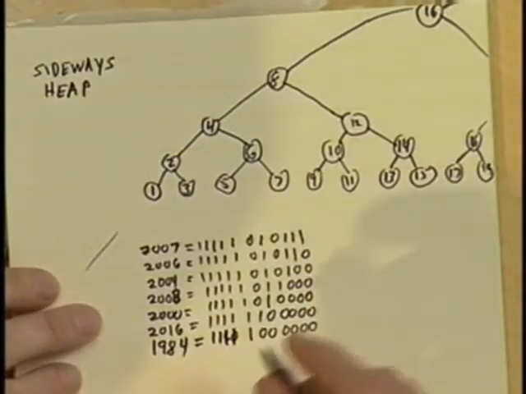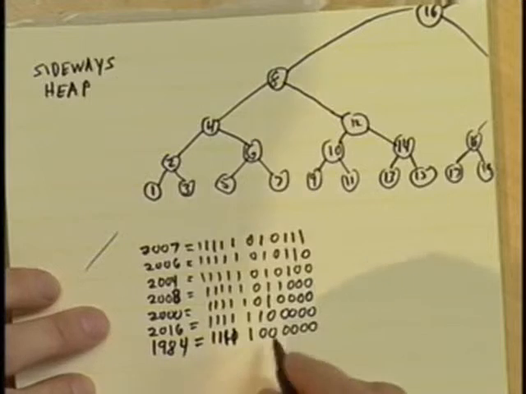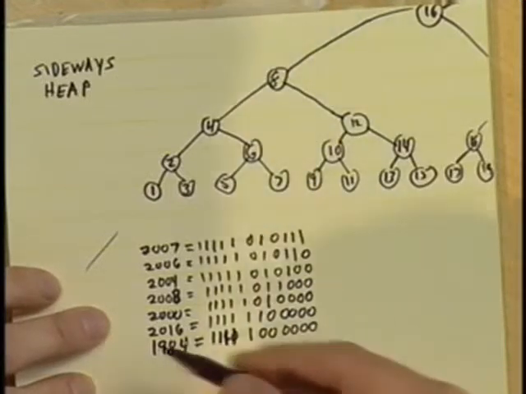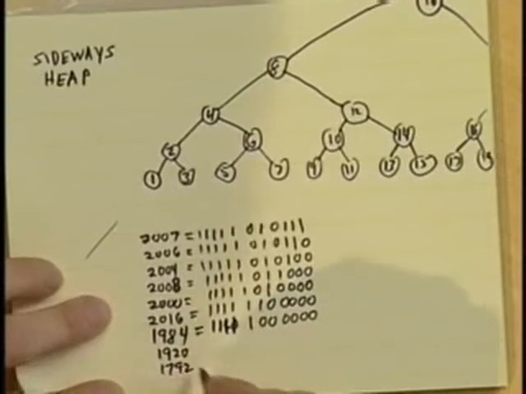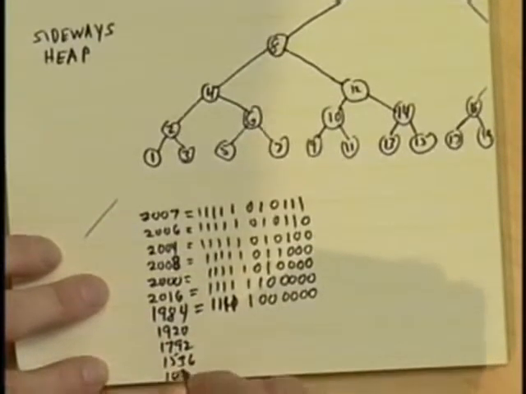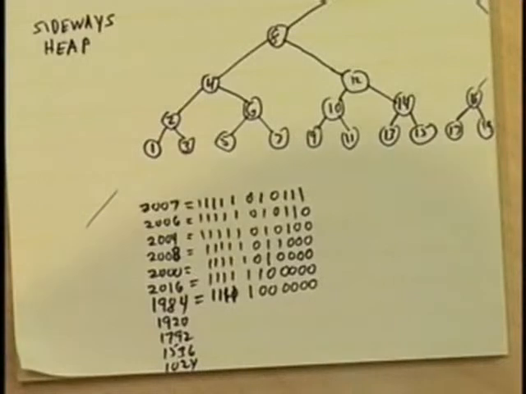And then we go, and so on. We're going to start creeping into these ones here. We're going to get 1920, and then 1792, the French Revolution, and then 1536 and 1024, and then we're going to zoom up 2004. We're going to go up by powers of 2 afterwards.